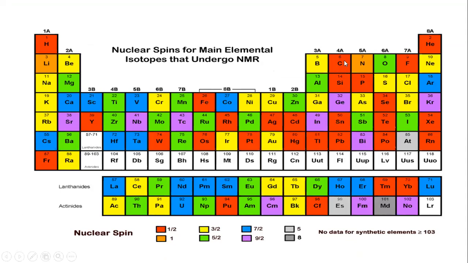That means carbon-13 has a spin of half. Similarly, this one also has a spin of half. There are a few exceptions, so I'm not going to discuss them here. So in a general way, you will be able to calculate the nuclear spin based on the filling of the protons and neutrons. So this is all the nuclear shell model.